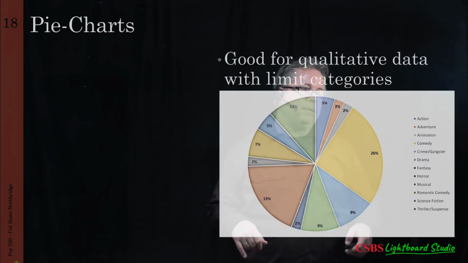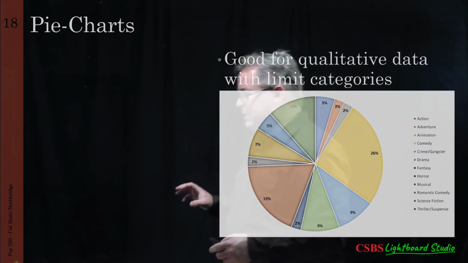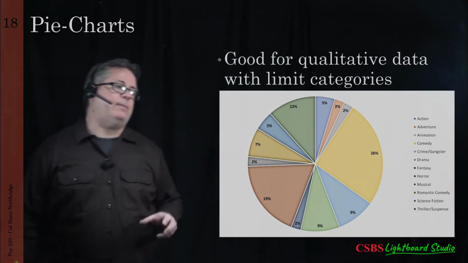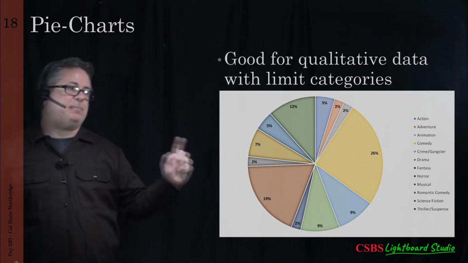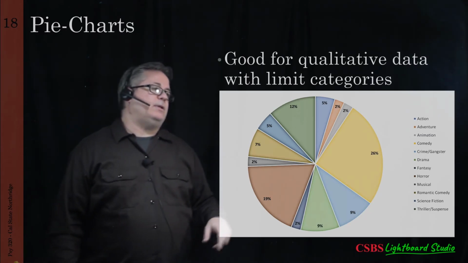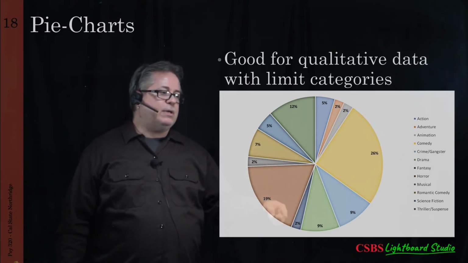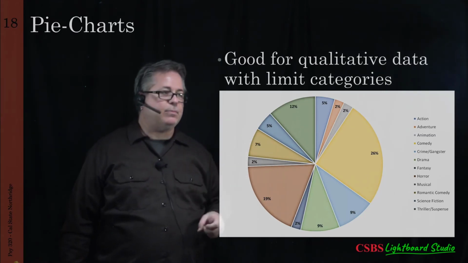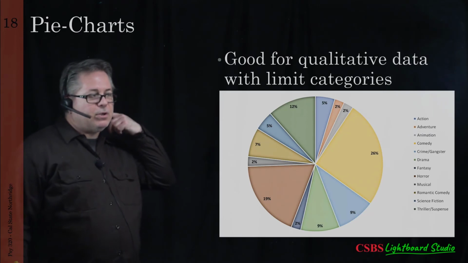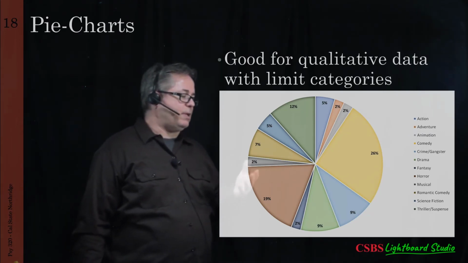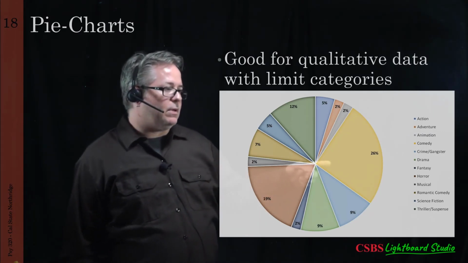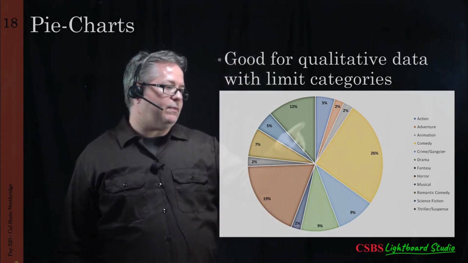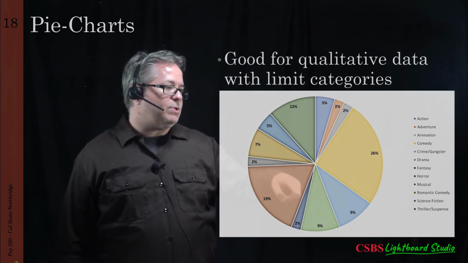You can also take most anything you can graph with a bar graph and graph it with a pie chart, because again, these are looking at the different categories. They're putting them into percentages as opposed to looking at the frequencies, but it's giving you the same information. Well, what's the largest category that people liked? It looks like comedy was the largest category, and you can see the different colors which represent the different types.